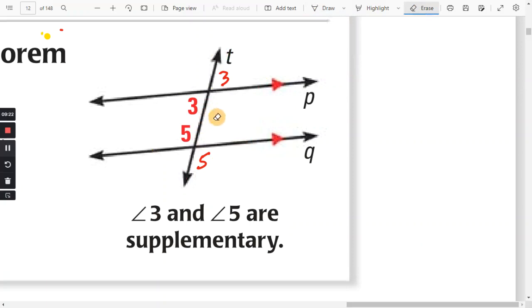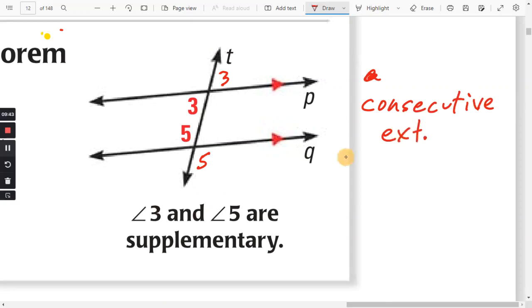if I erase both x's, if you look at 3 and 5, we now have, not alternate, we have consecutive, which means same side. We have consecutive exterior angles, okay?